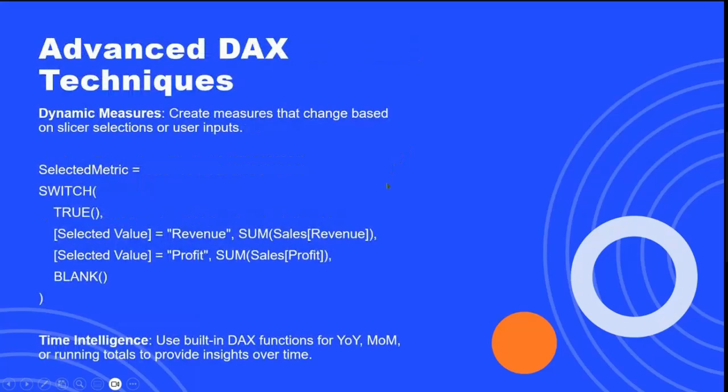Next thing is use some advanced DAX techniques. For example, try to create those measures where your slicer selections and user inputs can change dynamically. For example, people know this SWITCH measure, but they don't utilize it in a proper way, right? This measure is easy, but where to use it, when to use it dynamically, people ignore it, right?